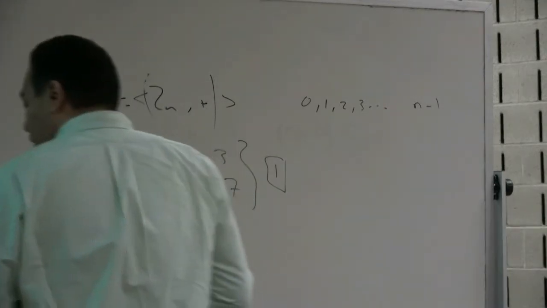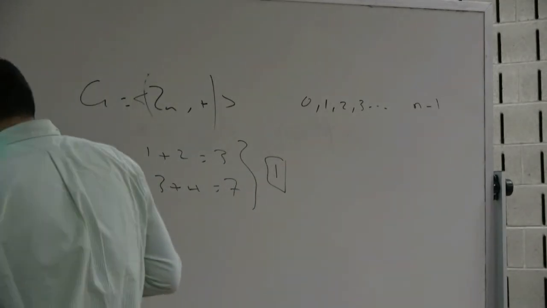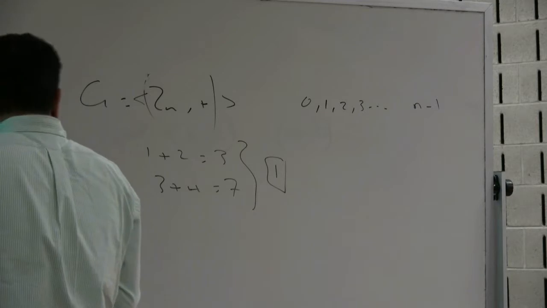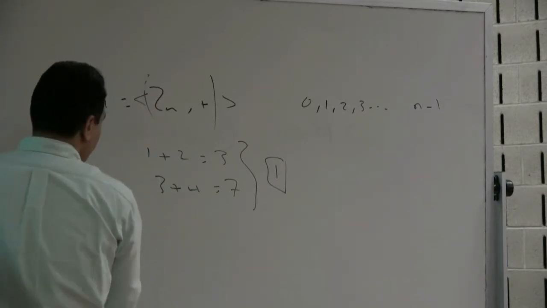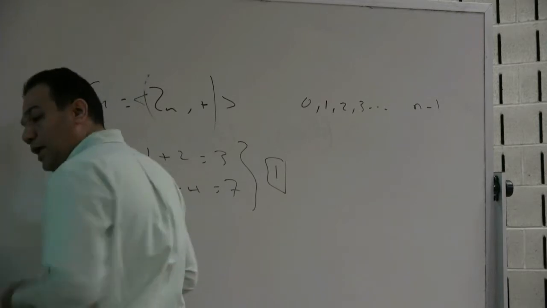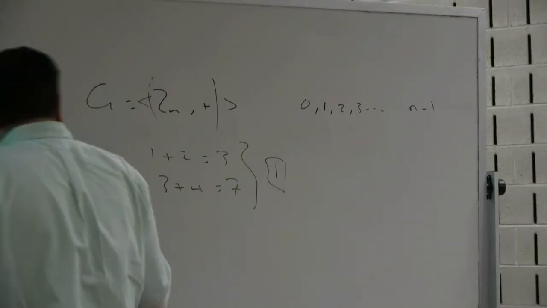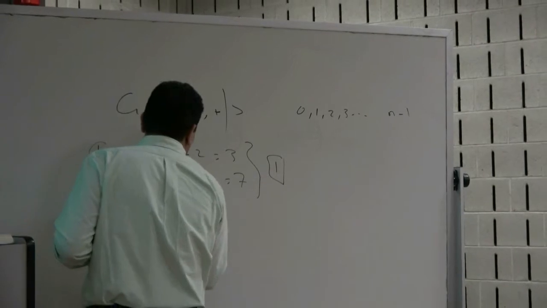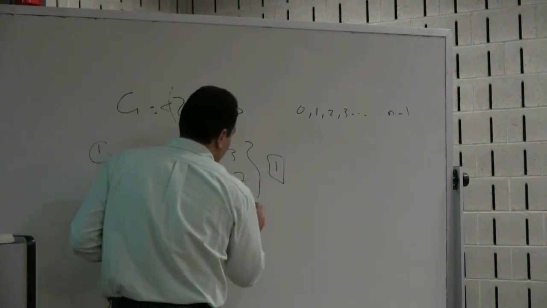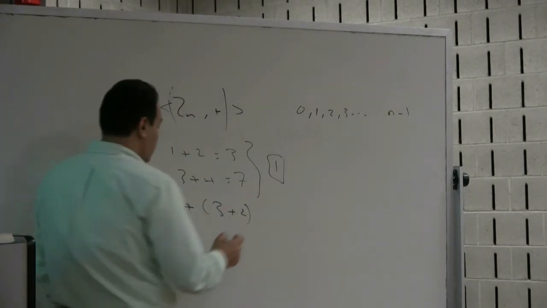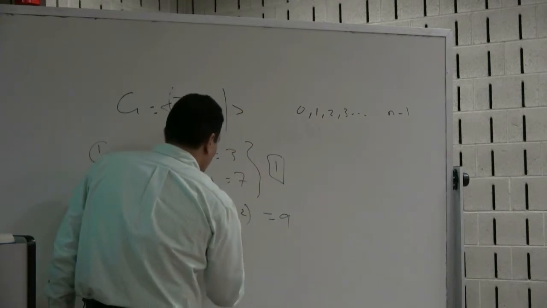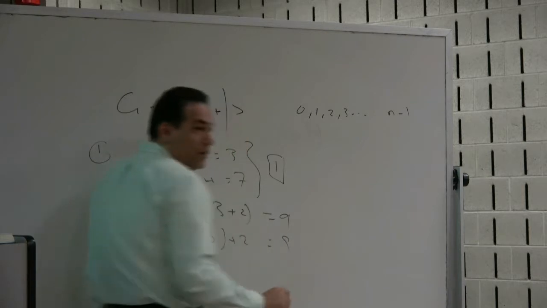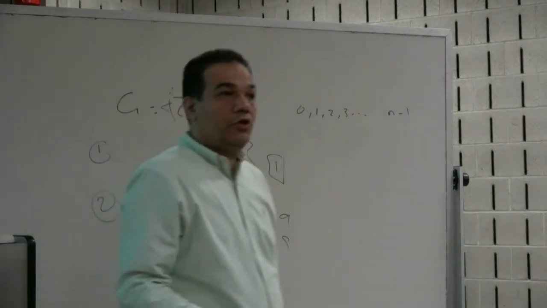So condition number 1 is there, the closure. The second condition is the associativity, which I told you about. Number 2, associativity. Let's take a look, for example, 4 plus 3 plus 2 equals how much? 9. How about if you group it the other way, 4 plus 3 plus 2 equals 9? So the condition is there.